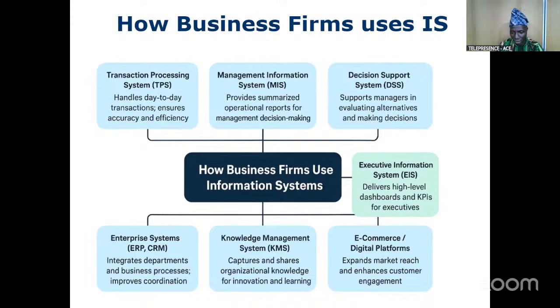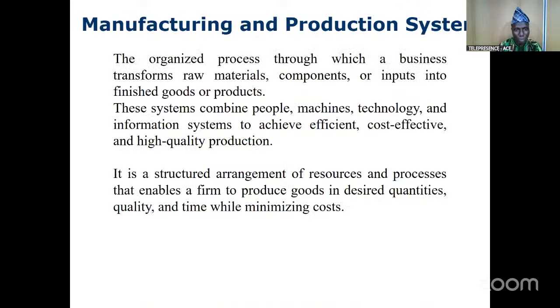I've mentioned most of those systems. The other one that is included in the diagram here is the knowledge management system that captures and shares organizational knowledge for innovation and learning. Now, business firms use information systems for manufacturing and production systems.